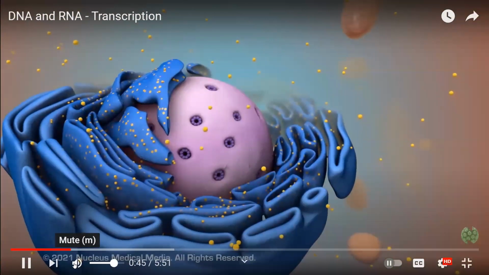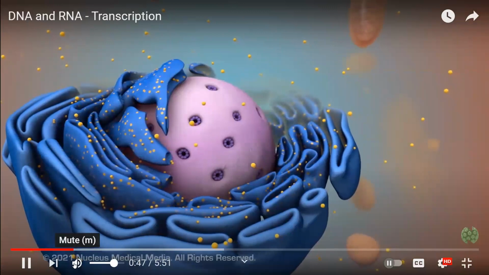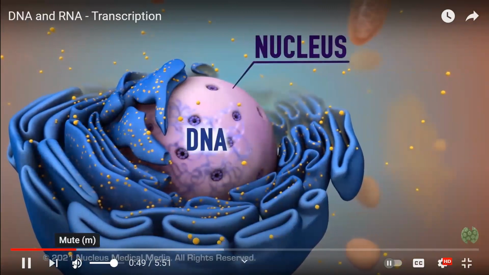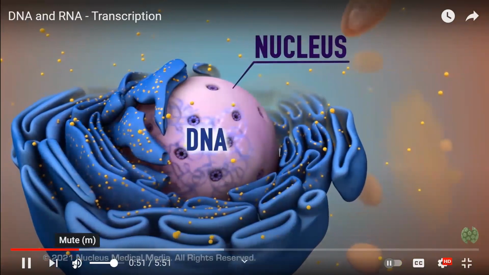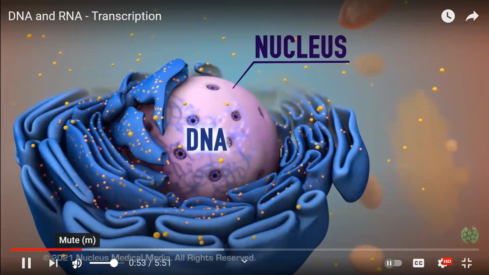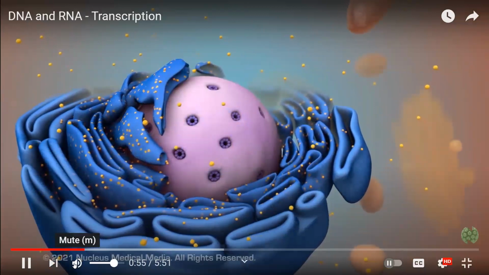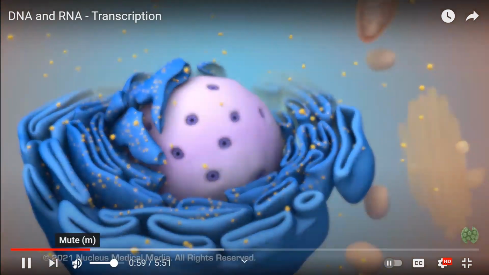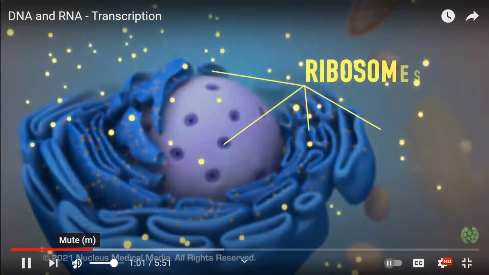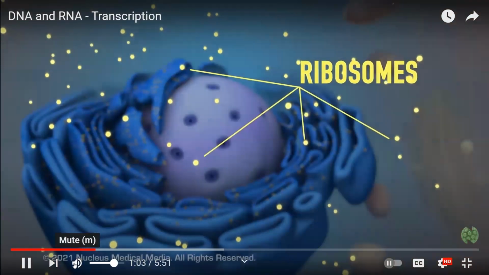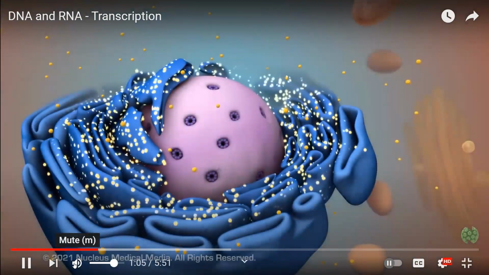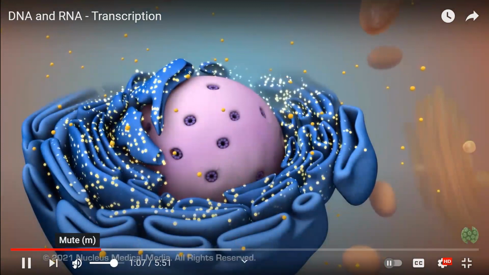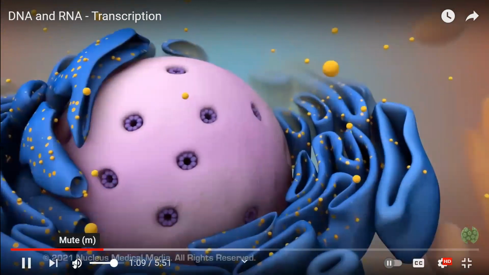One problem with synthesizing these proteins is that the instructions for making them are in the DNA, which is located inside the nucleus. But the place proteins are always made is outside the nucleus, either in the ribosomes floating in the cytoplasm or in the ribosomes embedded in the rough endoplasmic reticulum.